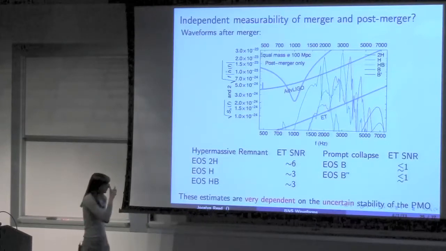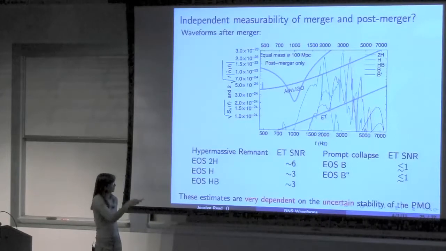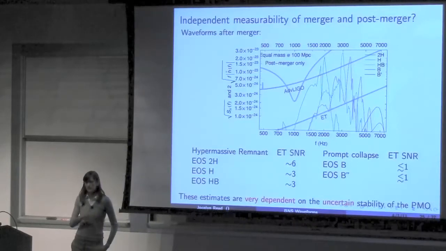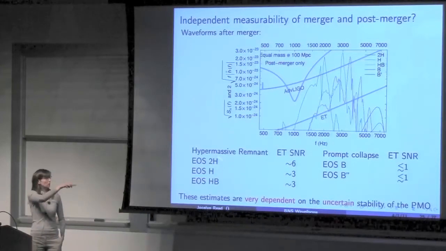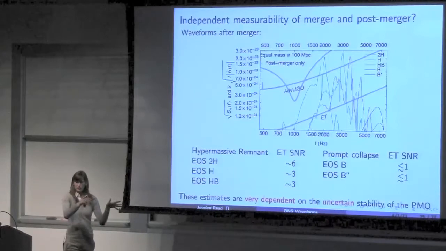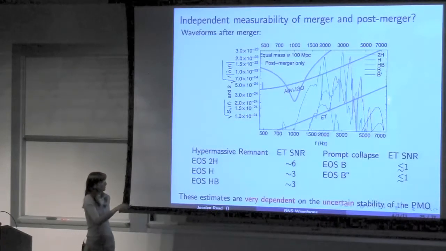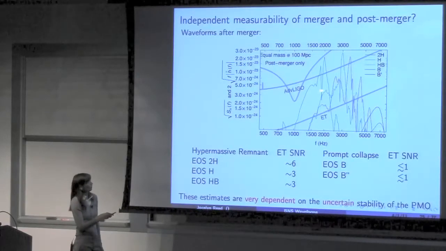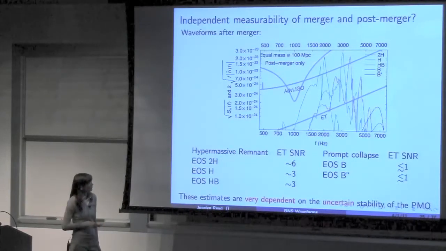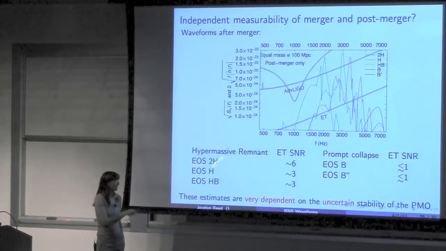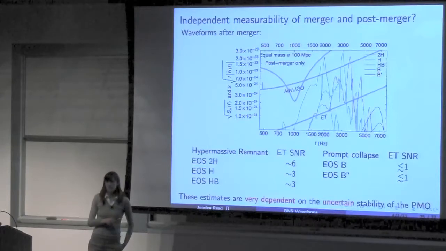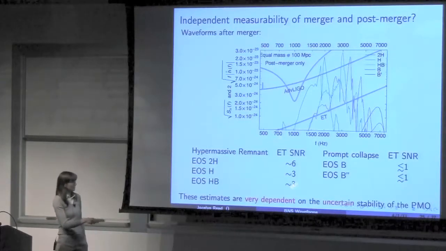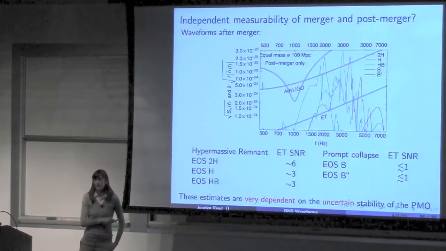the question then is, are these going to be themselves independently detectable? If we take only the portion of the waveform after the in-spiral, after they smash together, where you see either little blips of black hole ringdown-like stuff or post-merger oscillations, then for the length of time we simulated, which was tens of milliseconds, this is something that you can see in ET, but not really in advanced LIGO.